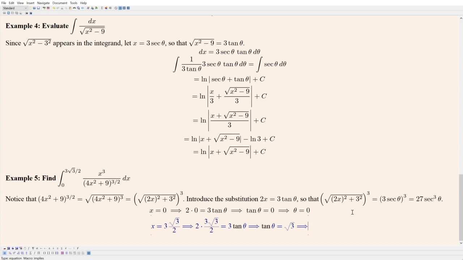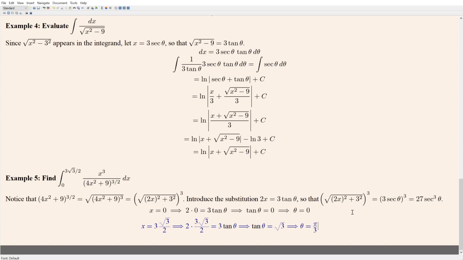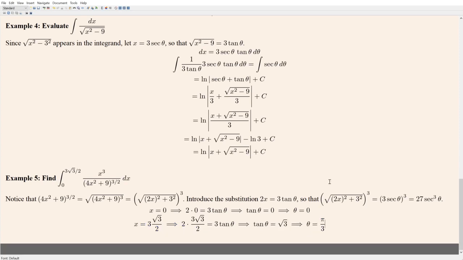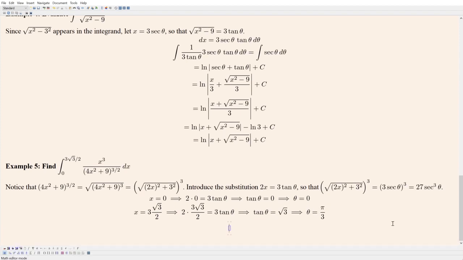Because sine pi over 3 is root 3 over 2, cosine pi over 3 is 1/2. Yeah, so that'll do it. So break out your unit circle for this one. But there is only one angle between negative pi over 2 and pi over 2 that satisfies this, and it's pi over 3.